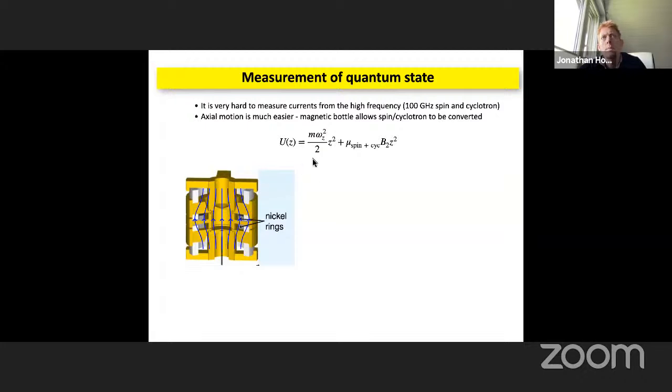The potential that gives you for a spin of magnetic moment mu is not just the confinement potential of the electrostatic potential, but also this potential, which is proportional to some curvature of the magnetic field times the position squared.